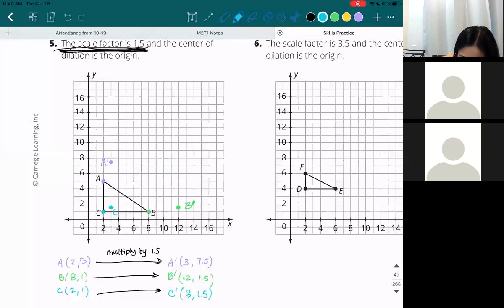C prime, like that. And then, to the best of your ability, connect everything with a straight line. And there you go. That's our image. They gave us the pre-image and we drew our image. Any questions about this one?